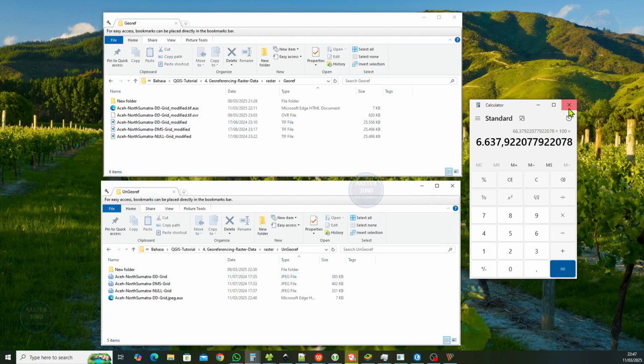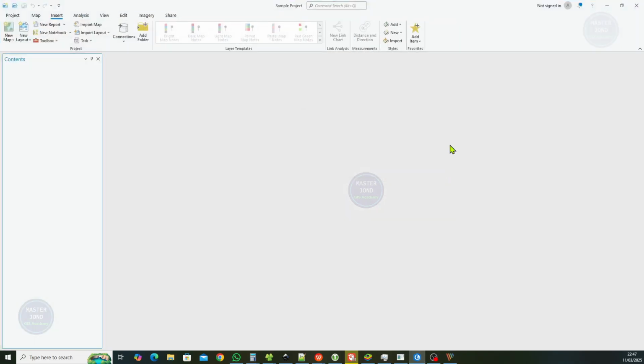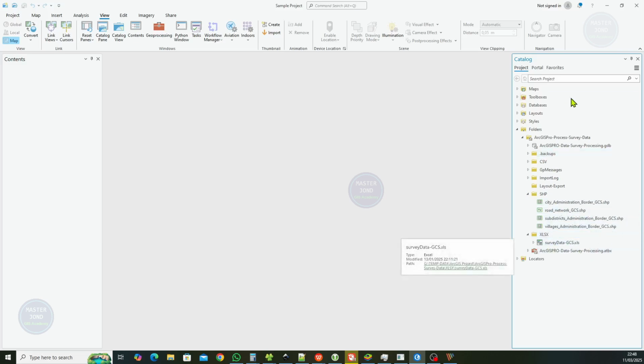Okay, now let's open again our ArcGIS Pro here. Okay, we don't see any catalog here, no problem. Just click View and Catalog Pane. Here the folders. Okay, but we don't see any rasters here, only shapefile, Excel file.